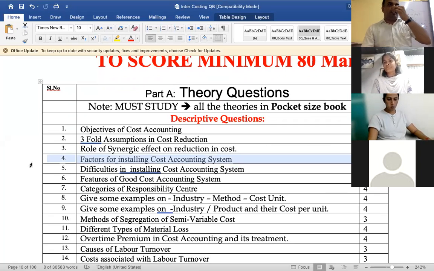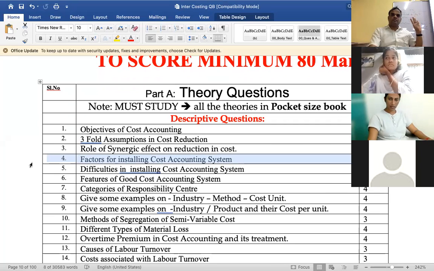Factors for installing cost accounting system. You're all expert in that. Totally how many factors? 8 factors.